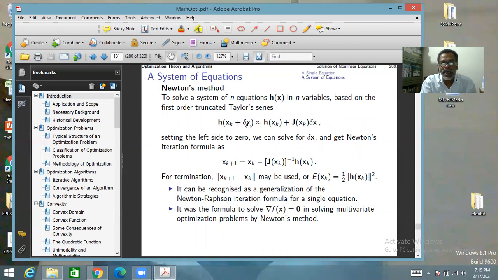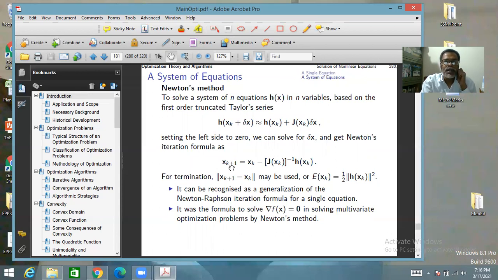We want a suitable delta x so that at the corrected changed point, h will be 0. That means this should be 0. From here, we can solve for delta x, which will be minus j inverse h. So minus j inverse h, that delta x, we add to the current point xk, we get the next point. This is the iteration formula.